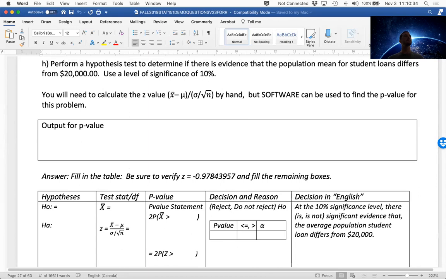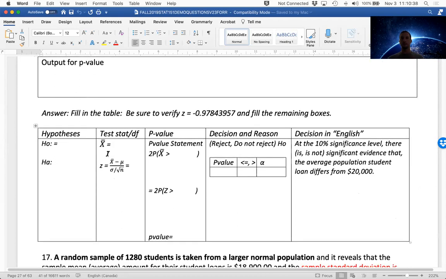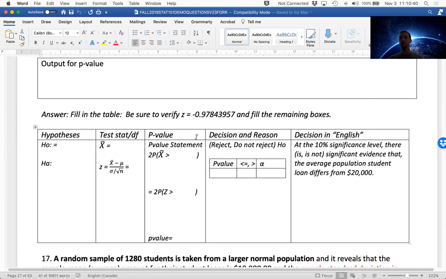In the table below, you can see that the steps of the hypothesis test are more or less summarized for us. In the first box, we have our hypotheses.